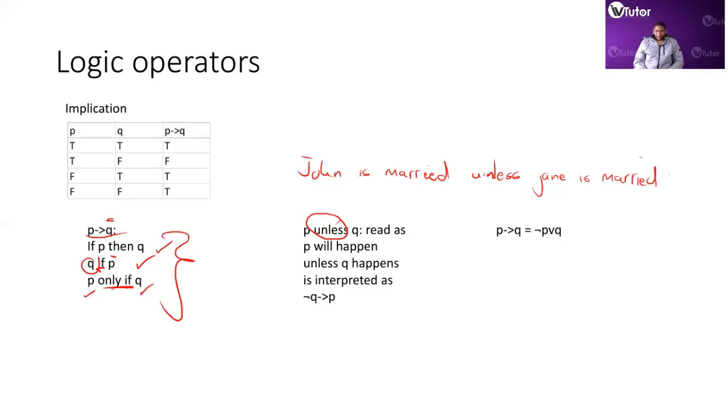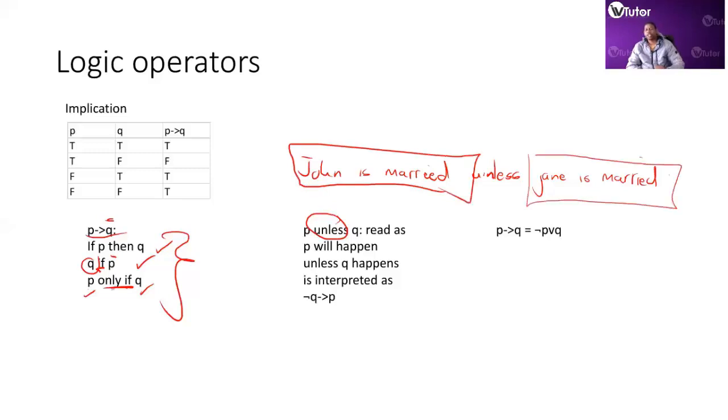So unless says this is true on the condition that this is not true. John is married on the condition that Jane is not married. So it becomes not Q implies P.